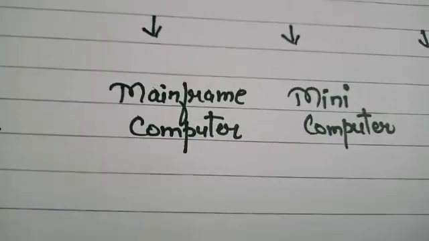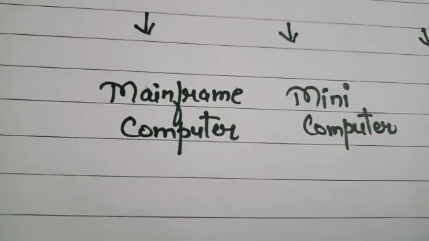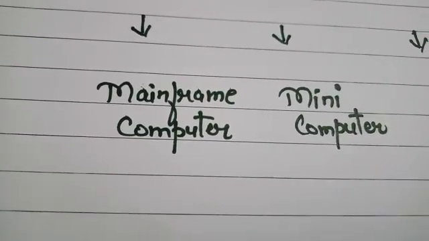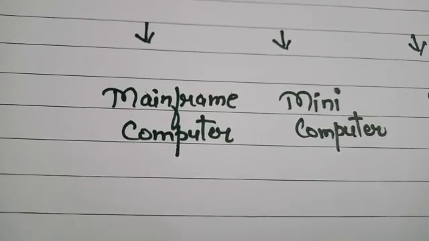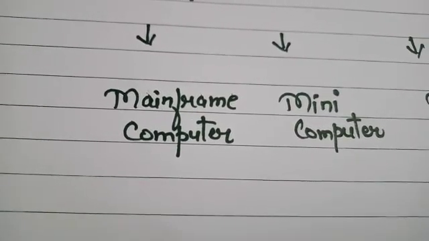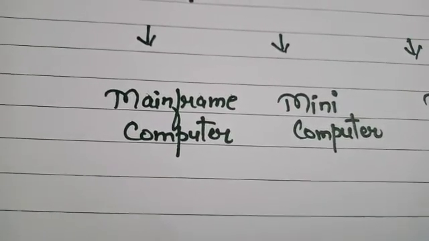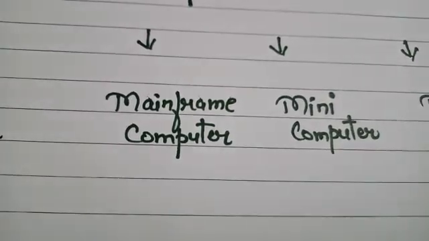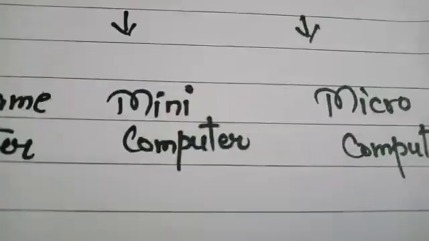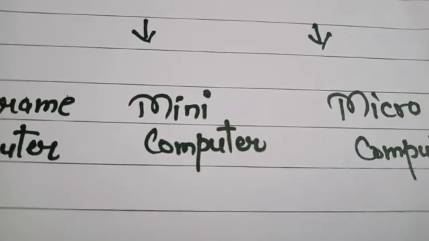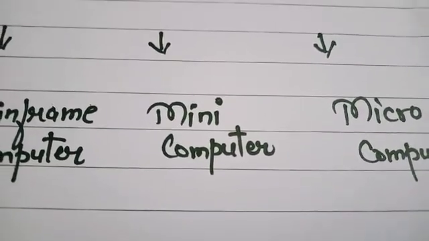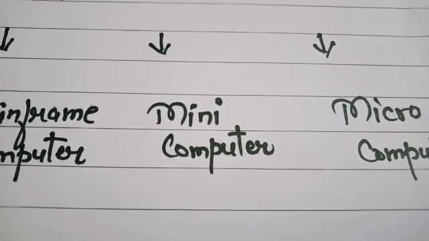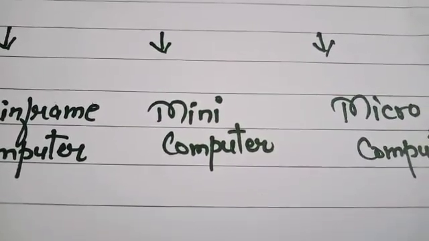Then come to the mainframe computer. Mainframe computers store a large amount of data and are used in large business areas, scientific laboratories, airlines, railway ticket booking. And the mini computer is bigger than the microcomputer, with higher processing speed, and costlier than microcomputers.